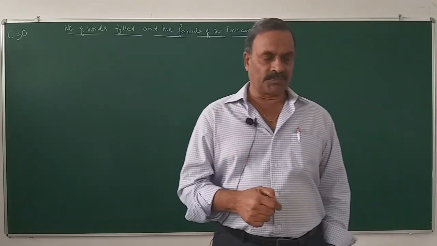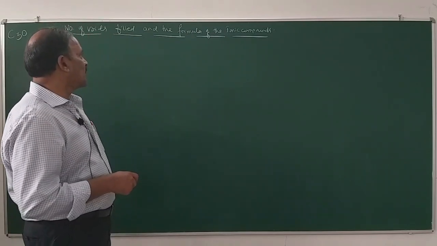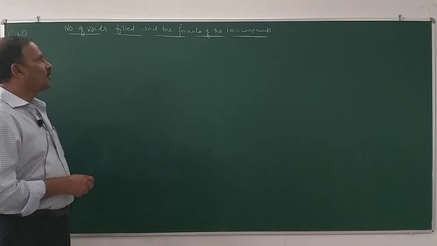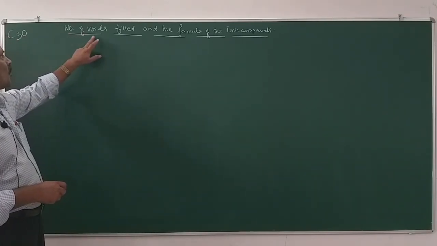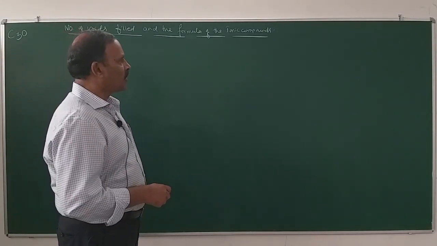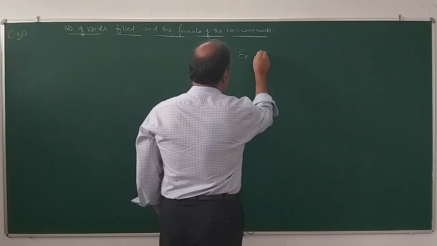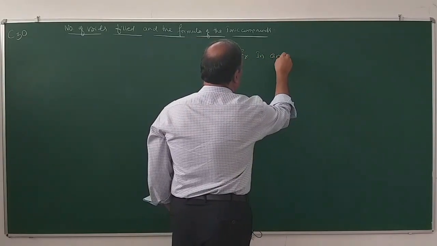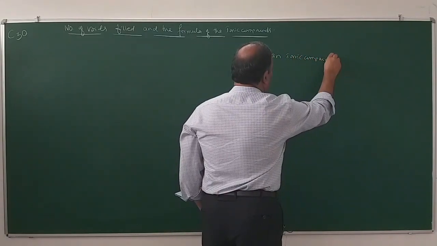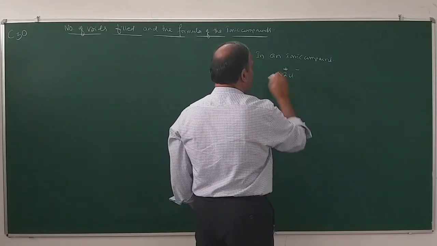So now, based on the number of voids filled, we can estimate the formula of the ionic compound, that is, the number of voids filled and the formula of the ionic compounds. So say for example, in an ionic compound like NaCl, sodium chloride, Na plus and Cl minus.